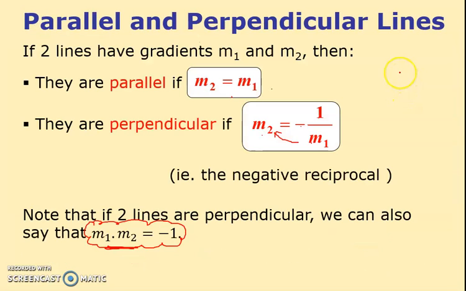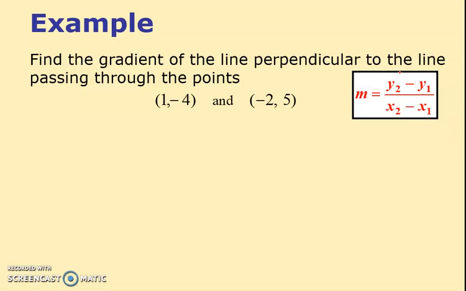So we're going to look at some questions based on that. Find the gradient of the line perpendicular to the line passing through these points. First of all, it doesn't tell me the gradient, but luckily I've reminded you of the gradient formula here. To find the gradient, you take one of the points. It doesn't matter which one. I'm going to pick this one, and this is going to be my x2, y2. And this is my x1, y1.